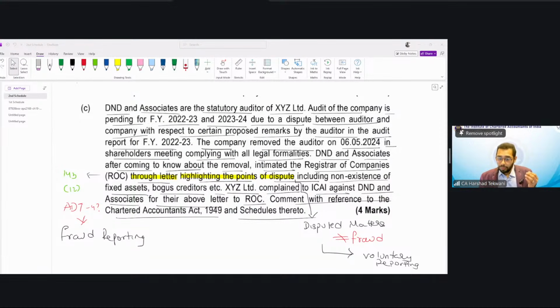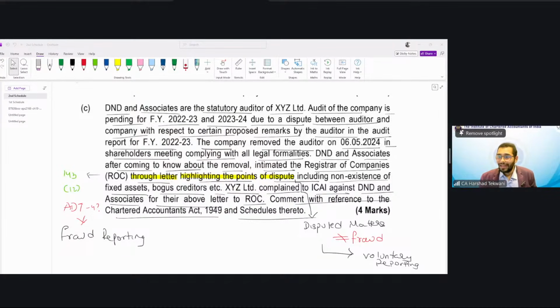So you can apply clause 1 of part 1 of the second schedule here, and accordingly D&D and Associates will be held guilty of professional misconduct, because they are disclosing the information when they were not required to disclose it.